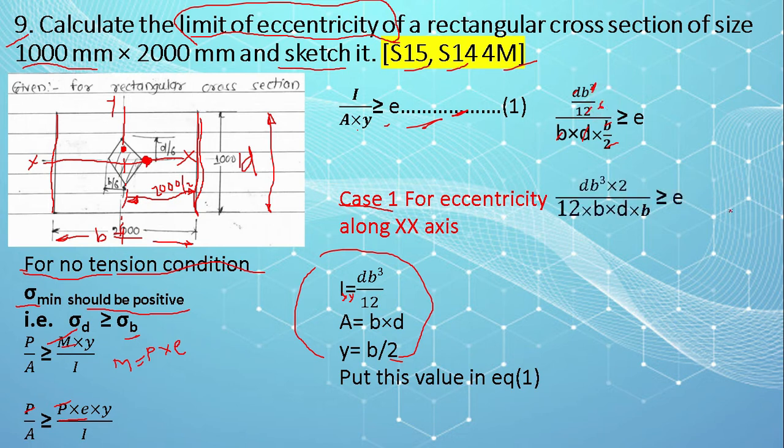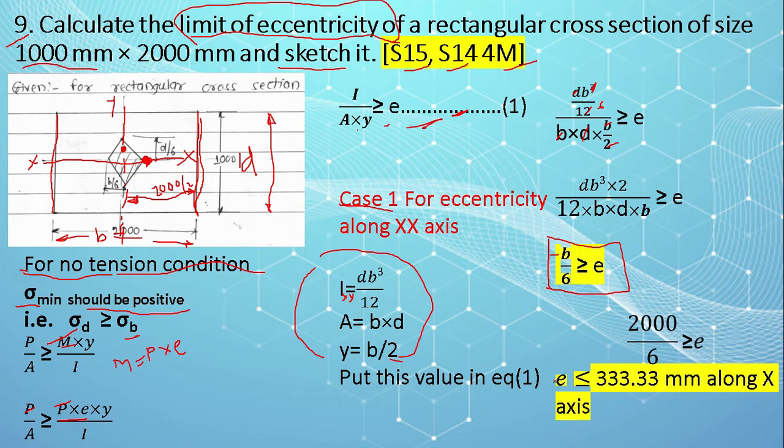Therefore this equation becomes B by 6 should be greater than or equal to e. So put the value of B: 2000 divided by 6 should be greater than or equal to e. Therefore e should be less than 333.33 mm along the x-axis. This is the answer if our eccentricity is along the x-axis.